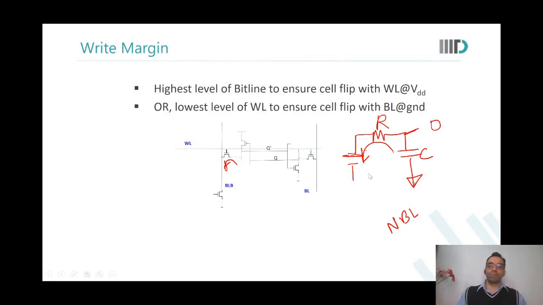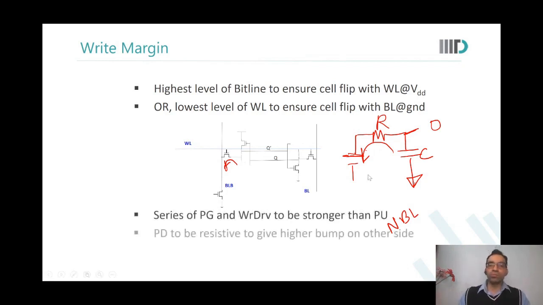So when you want to write into the memory, you want to improve the write margin. You need to say that this pull up should not be able to drive, or should drive, less current than what this stack of pass gate and write driver can sink through it. Are you able to see this?